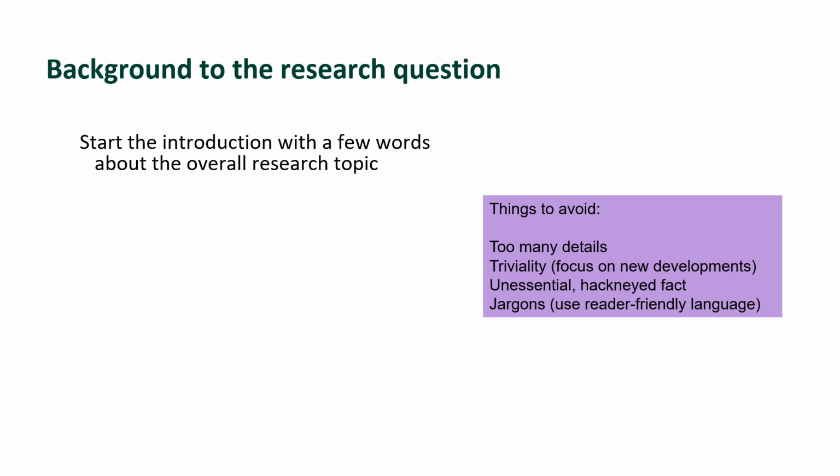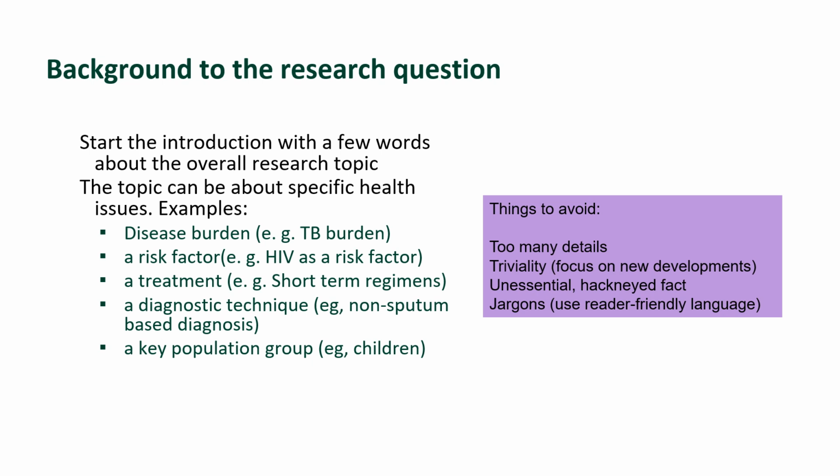But in the background section, what you start with in the introduction is a few words about the overall research topic. This topic can be about specific health issues. My research is mostly on tuberculosis and HIV, so if I continue to cite something from TB or HIV throughout this presentation, please bear with me.